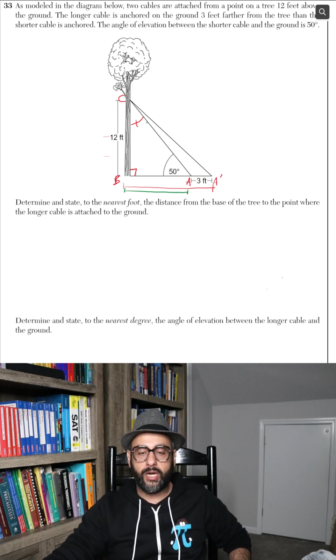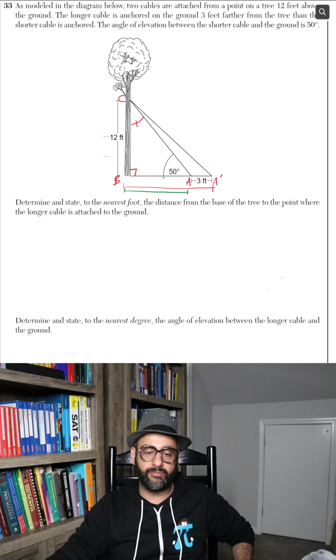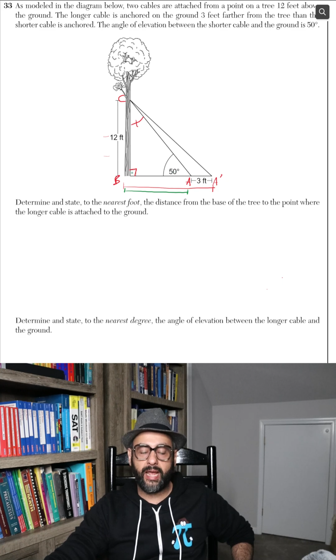The inner triangle CBA does have 3 pieces of information determined: the height 12, BC, the angle 50 degrees, angle BAC, and the right angle at the bottom left. So I can get BA. How do I get BA? Well, BA is the leg adjacent. BA is equal to the leg adjacent to the 50-degree angle.